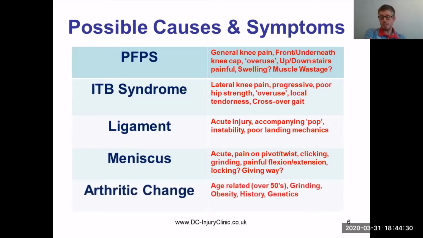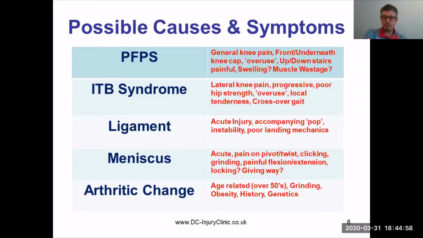And an arthritic change, which is what we would generally call osteoarthritis, or what I would call the gentle caressing of time. It's a degenerative condition. So it's age-related, generally over 50s, but not solely. We would see it in the younger population as well. Again, similar to meniscus issues, a lot of crossover: grinding, clicking potentially, maybe a locking, maybe giving way.